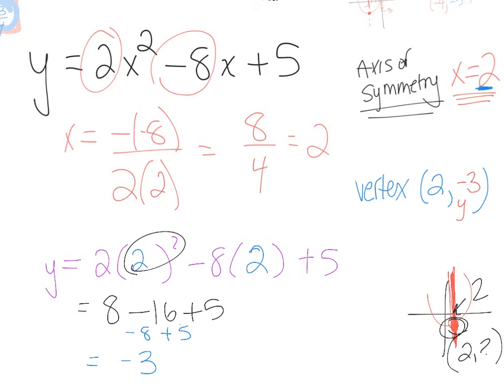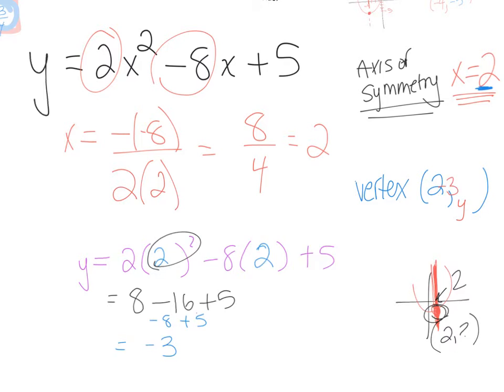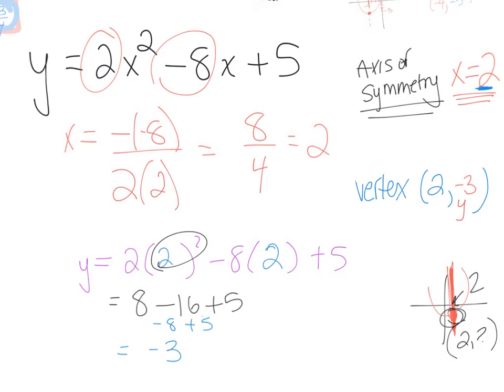I have now discovered the axis of symmetry, which is the vertical line that goes through my parabola. I have now discovered the vertex, which is in this case the minimum, 2 comma negative 3. And if I wanted to know where I cross the x-axis, my roots, I would either use the quadratic formula or I would factor.